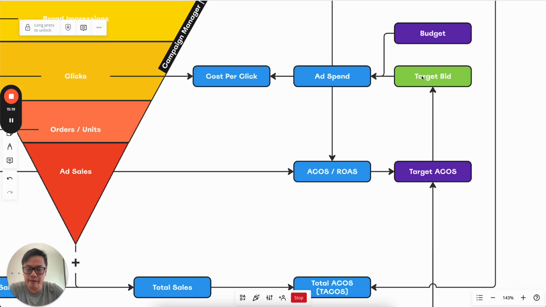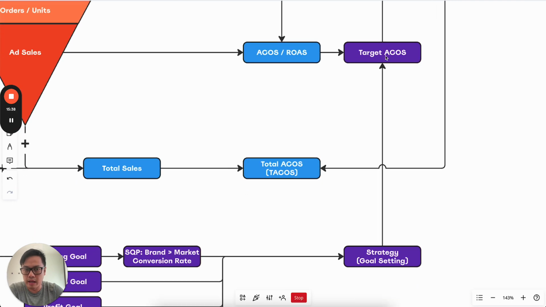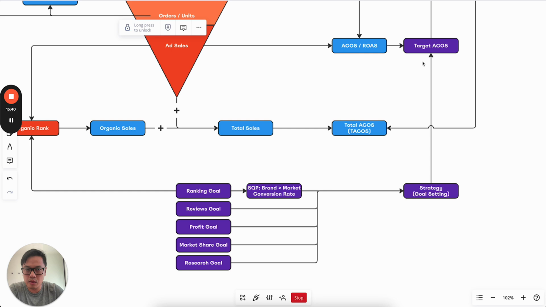And then eventually, it will come back down into ACoS. So this target bid will drive this ACoS closer to this target ACoS. So it's just the whole cycle, and the key here is reading the data and optimizing it to get closer and closer to what you need here. So, if we come back a little bit, we remember that target ACoS is driven by this strategy that we set.